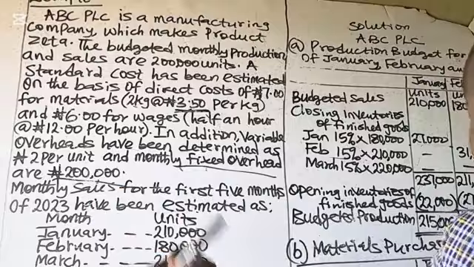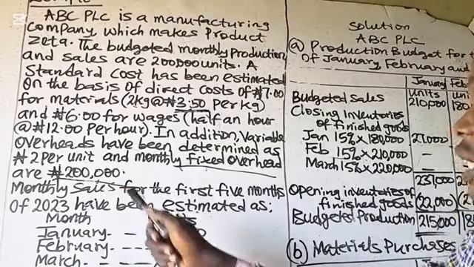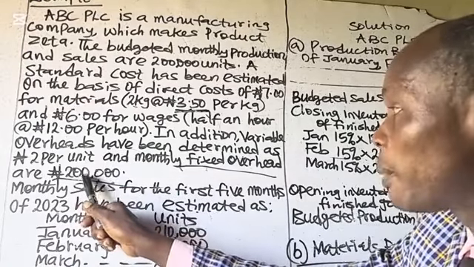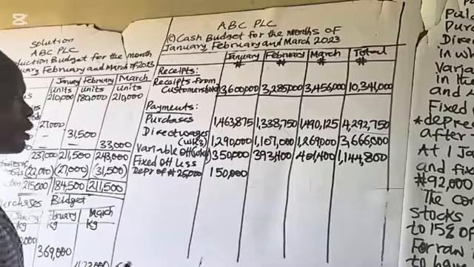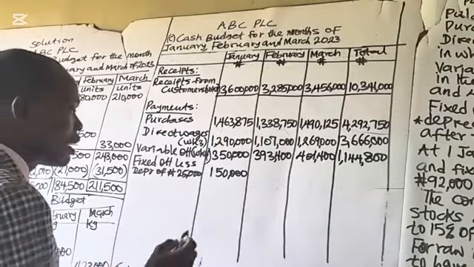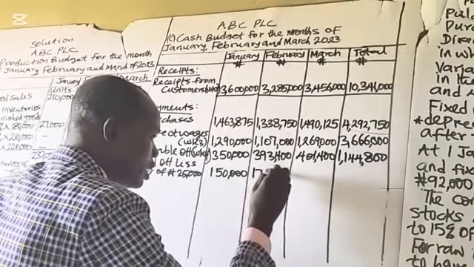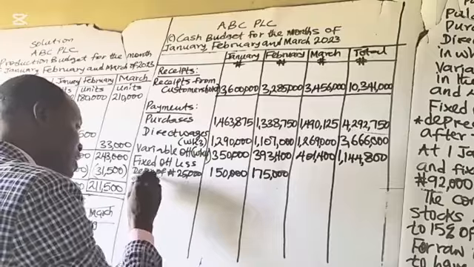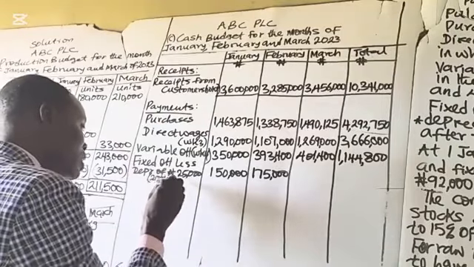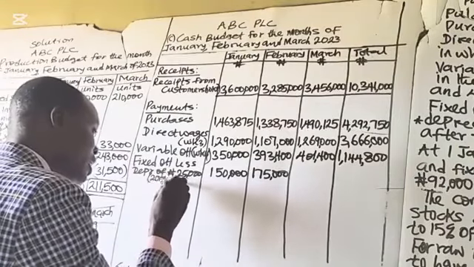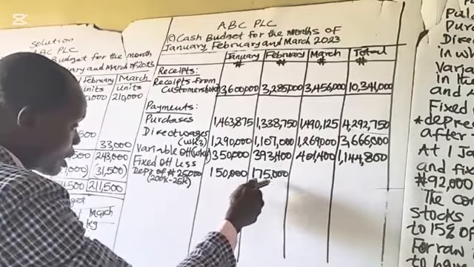Since depreciation is not a cash flow, that is why depreciation is to be subtracted. 200,000 minus 25,000 gives us 175,000. Remember, fixed overheads is 200K minus depreciation of 25K, so that gives us 175K.